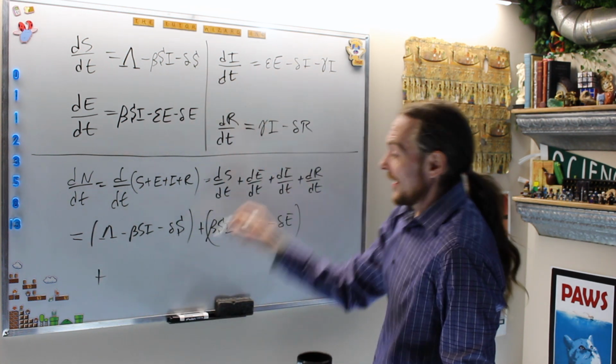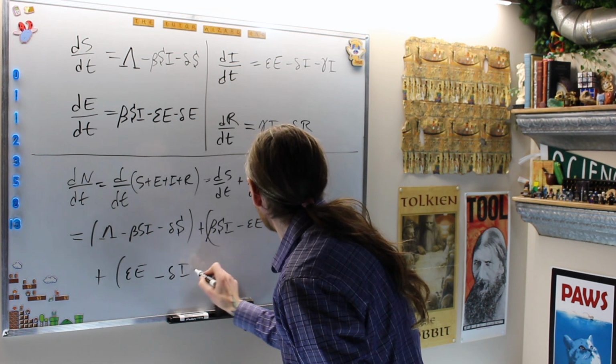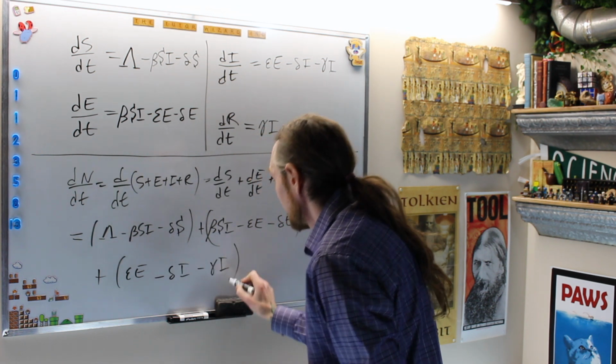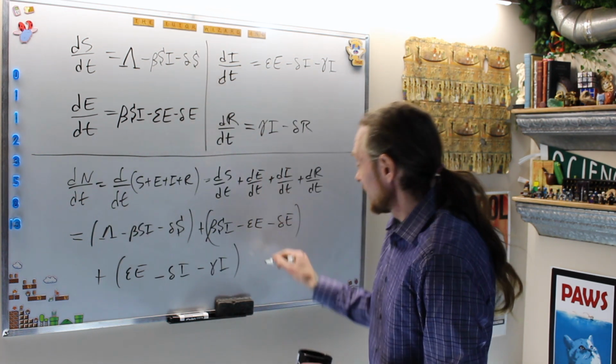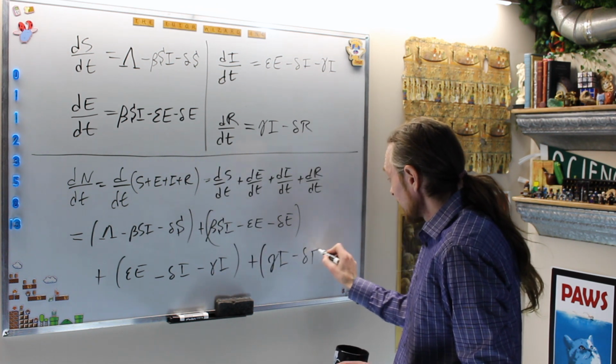Plus dI/dt, which is epsilon E minus delta I minus gamma I. And then plus dR/dt, which is gamma I minus delta R.